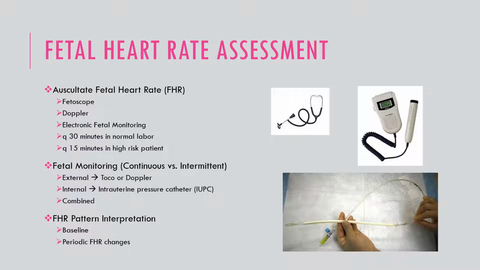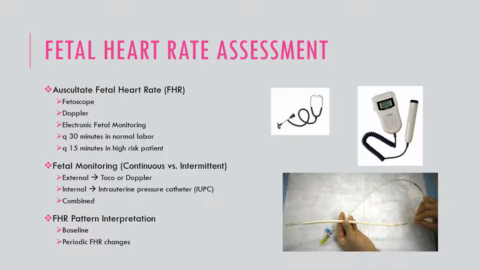Are they lates? Are they earlies? Are they variables? What is the variability? If they're accelerations, are they 15 by 15s or are they 10 by 10s? And how do all of those things relate to the contractions that you are monitoring?